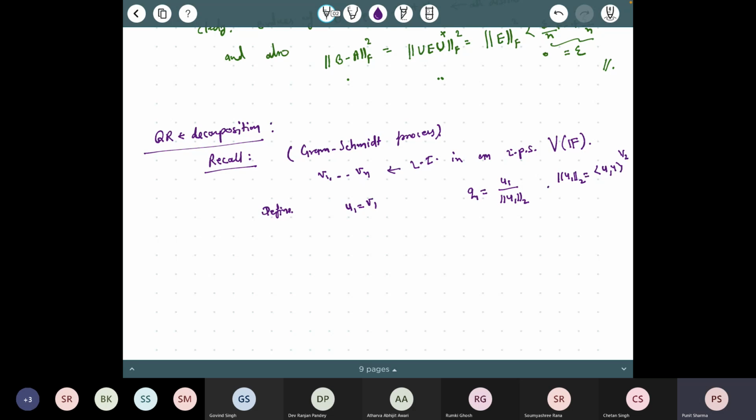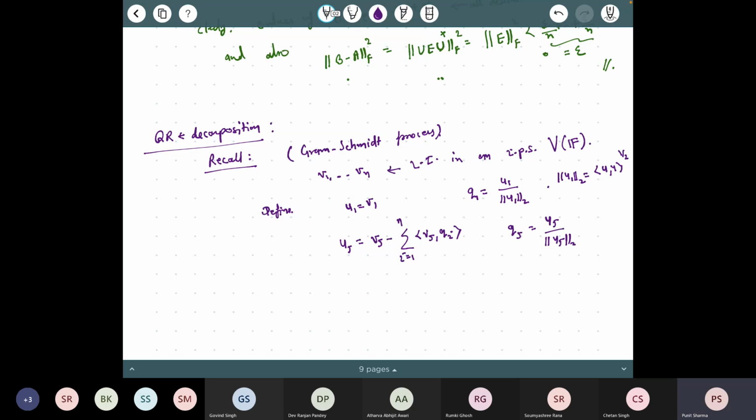Then I can do the same thing for u2. So in general, for every j from 1 to n, I can write uj as vj minus the summation over i of the inner product of vj with qi times qi. And once I have uj, I can construct qj by dividing uj by its norm.